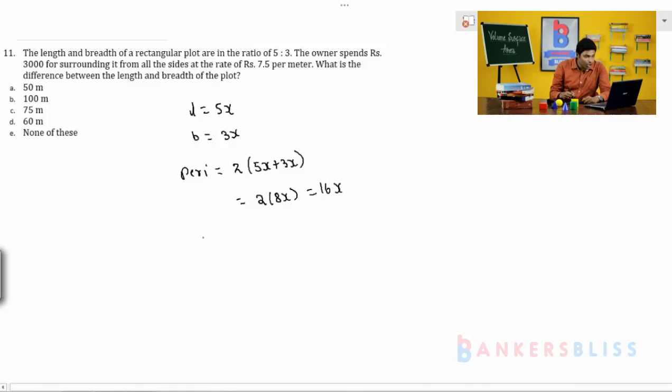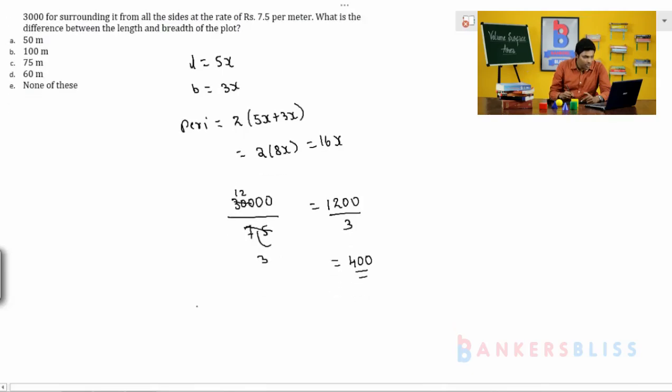Okay, so see here, the total amount is 3000. Per meter you have to spend 7.5. So if you divide 3000 by 7.5, you are going to get the total length of the boundary. So see here, one more 0, 25 3s are 75, next 25 4s are 100, 8s are 200, next 12s are 300, 1200, which is equal to 1200 divided by 3, which is equal to 400.